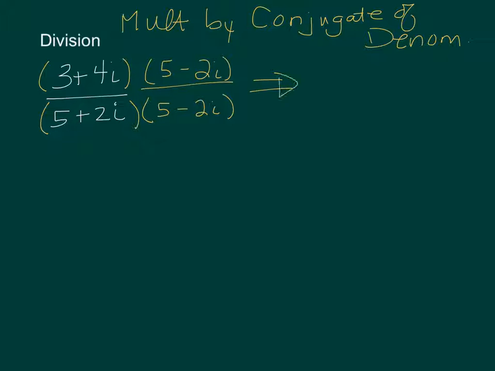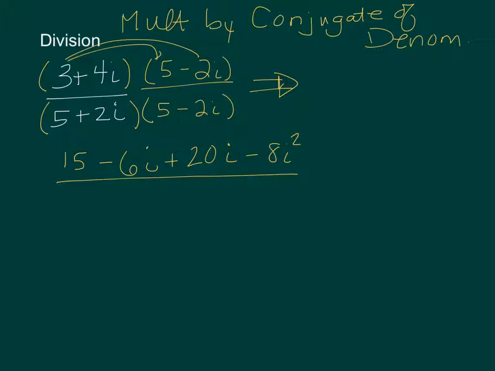Now, nice things happen when I do this. On the top, if I do the multiplication, I get 15 minus 6i plus 20i minus 8i squared over 25 minus 10i plus 10i and minus 4i squared.